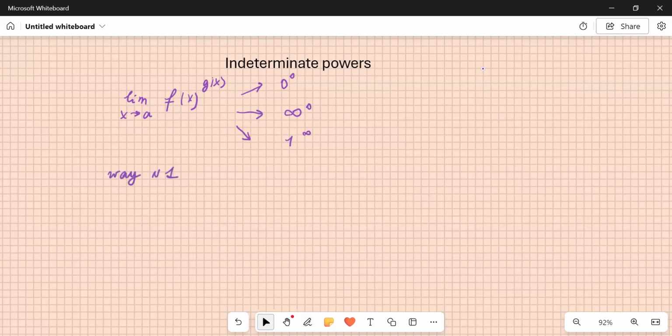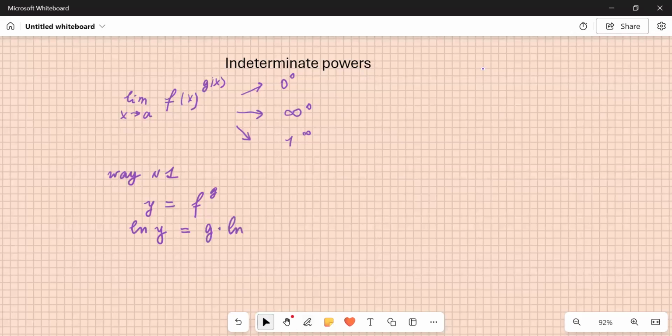Way number one. Let's consider y equals f to the power of g, and then take ln of y. What are we going to have? Remember, whenever we take ln, the power goes in front.